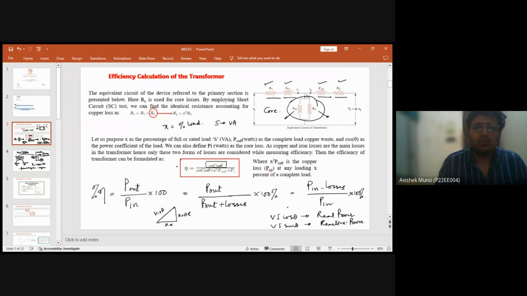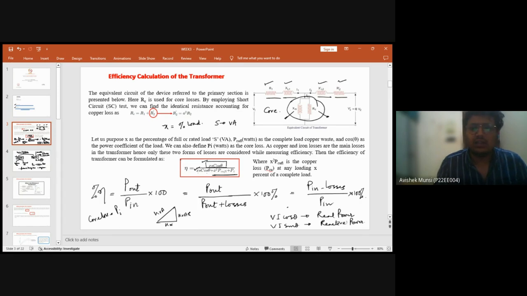So X is cos theta. As I said, this is the output power plus the losses. So what are the main losses? One is core loss, which is P of I. Another one is copper loss.